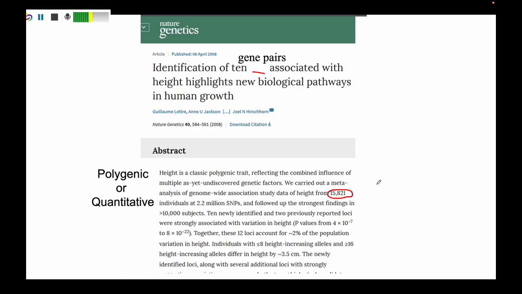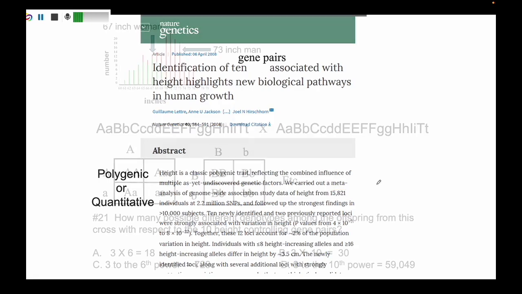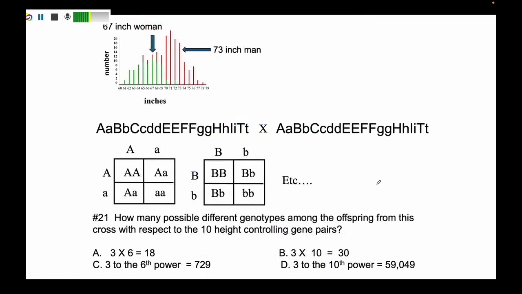So that sets us up for thinking about the inheritance of variation when the genetic control of the trait isn't due to just 1 pair of genes or 2 pairs of genes, but in this case, 10 pairs of genes. So then I'll set up a series of questions where the students will build on the learning they've already done in the course.